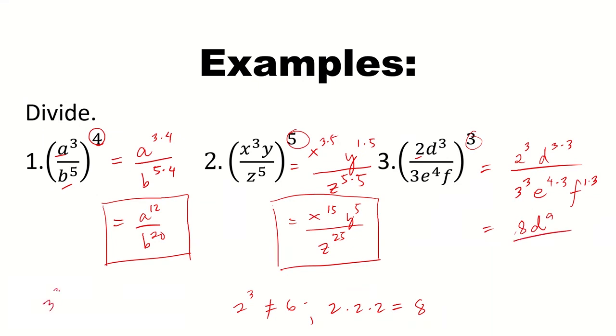Again, 3 cubed is not 9. Hindi yan 3 times 3. Ibig sabihin yan, 3 times 3 times 3. 3 times 3, 9. 9 times 3, 27. So, 27e to the power of 4 times 3, 12. F, 1 times 3 is 3.